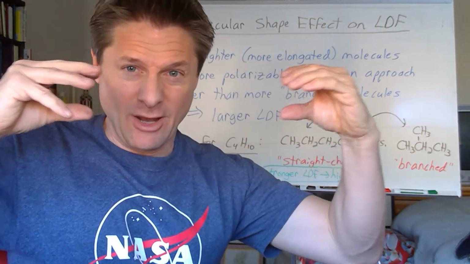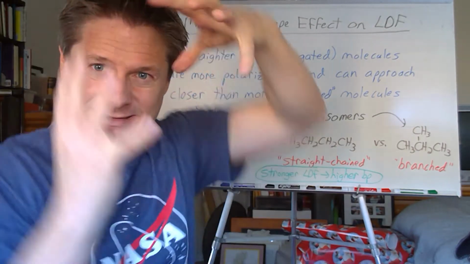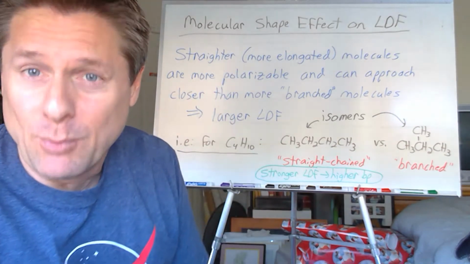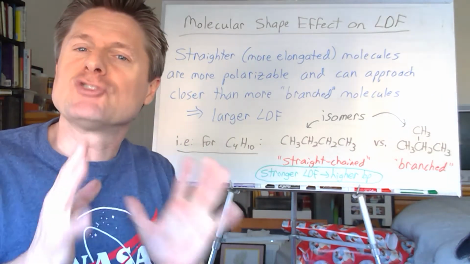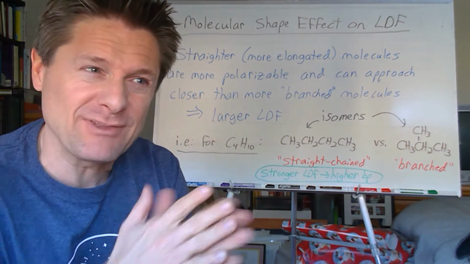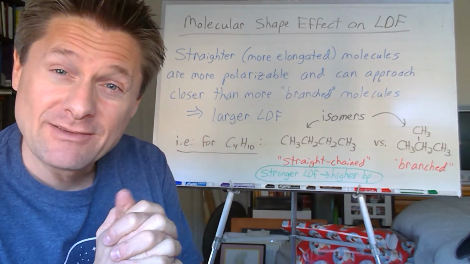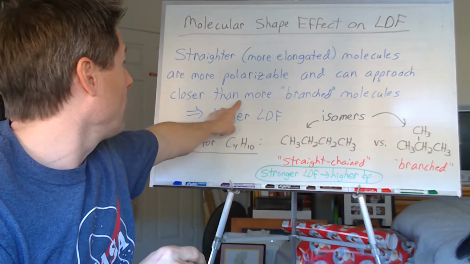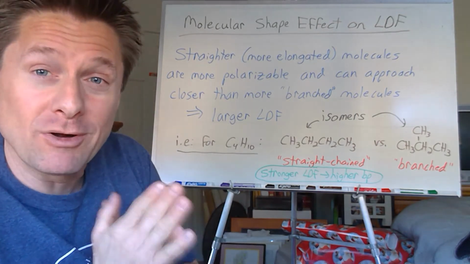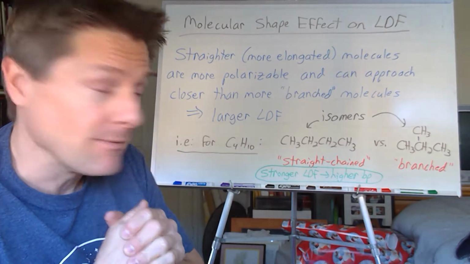So straighter and elongated versus more compact, branched, something like that. The straighter ones are more polarizable than the branched ones, and I'll show you some pictures of them. And they can stack. They can get closer together. It's like stacking pencils, right? They get closer together, so they have stronger intermolecular forces. They can approach closer. So even though they have identical molar masses, you wouldn't think they would have different boiling points or LDF forces. They do.